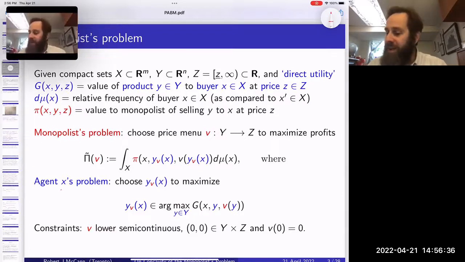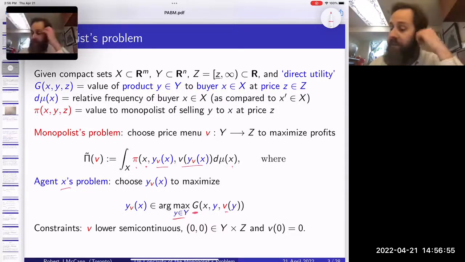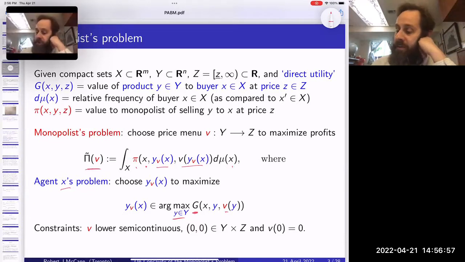And so agent X's problem is to choose that car Y which maximizes the value to him if he pays price V for it. And then your profit is going to depend on what each agent X did. So it will depend on the identity of the agent, the car they chose, and how much they paid for it. And so that's the functional you want to maximize.